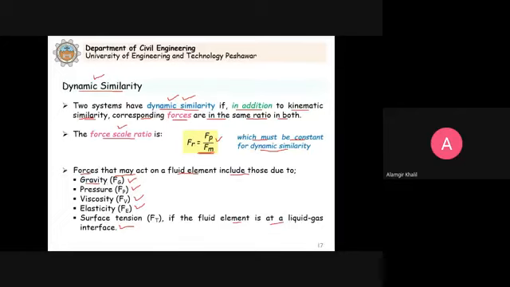You have to identify what forces are significant in the given flow phenomena, and then from there you proceed to apply dynamic similarity, these laws of similitude, and then we can transfer the results between the model and the prototype.